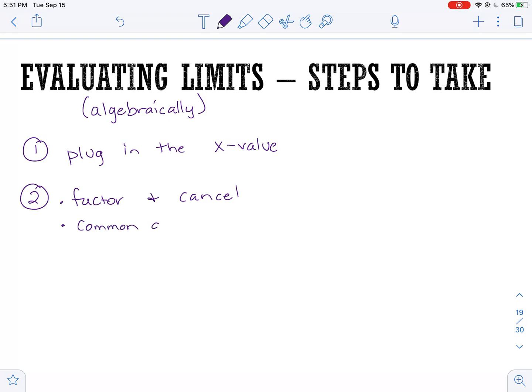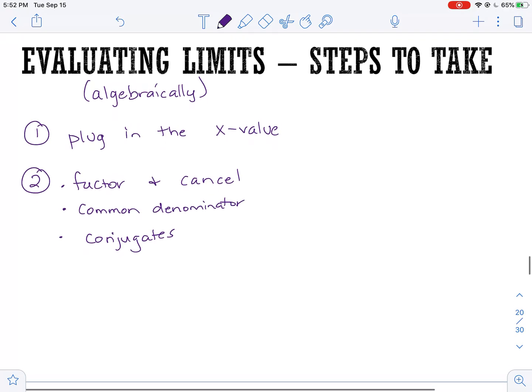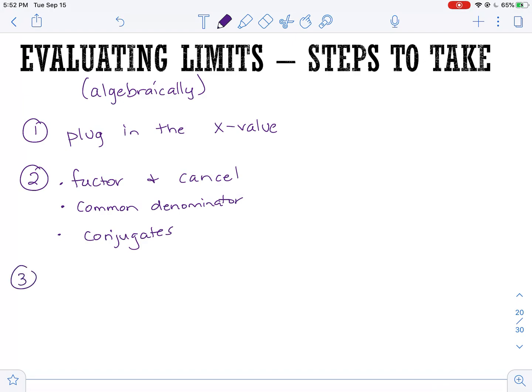You're going to try and get a common denominator if that's helpful. You're going to try multiplying by conjugates if that's possible. You've got some options. So we're going to talk about those different options if they exist. And then after you do that, you're going to try to plug in the x value again.